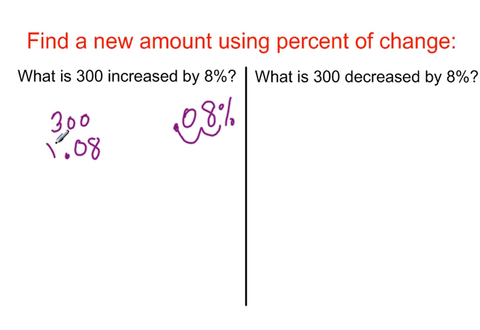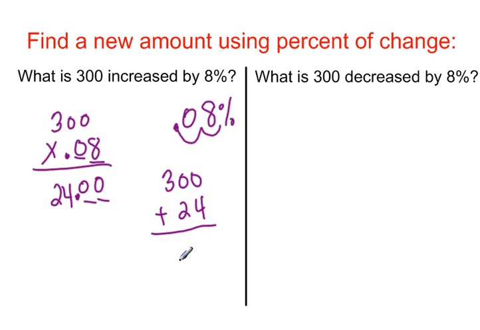So I'm going to do 300 times 0.08, 0, 0, 24. And the decimal goes 2 places in. So if my number was 300 and it's being increased by 24, my new number is 324.